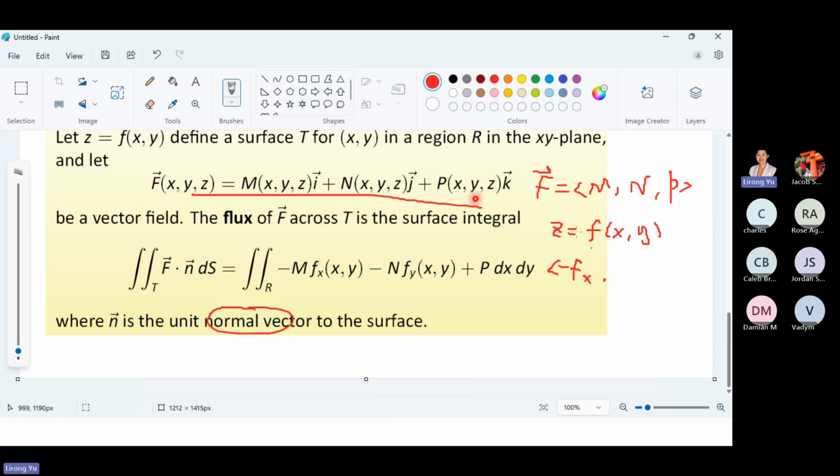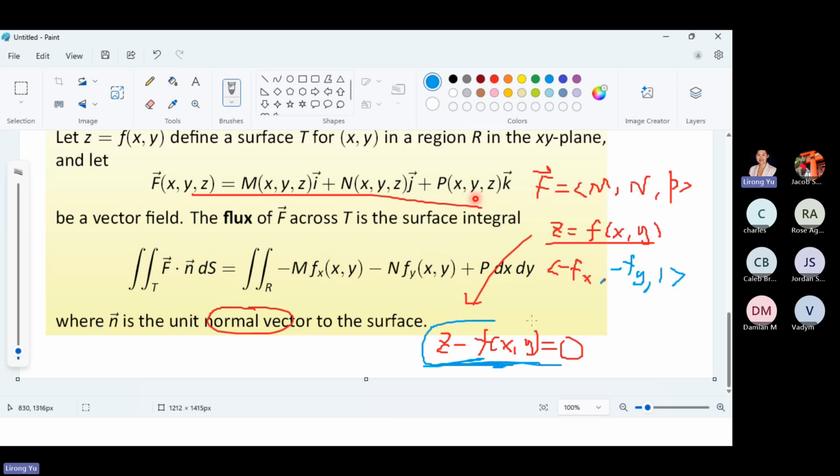We can turn that into z minus f(x, y) equal to 0. So then you can see the right side of this equation: the derivative with respect to x is negative fx, and then negative fy, and then 1.